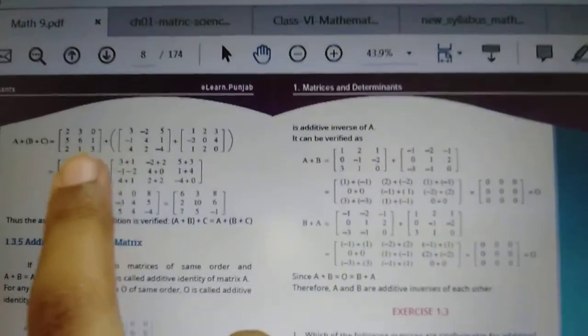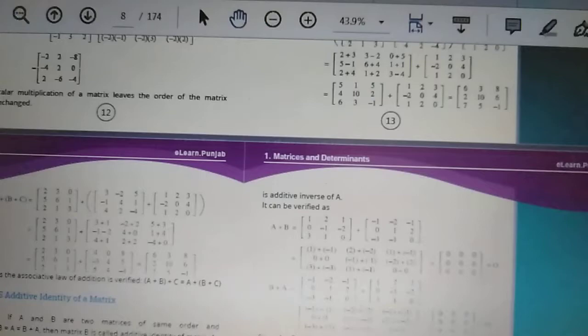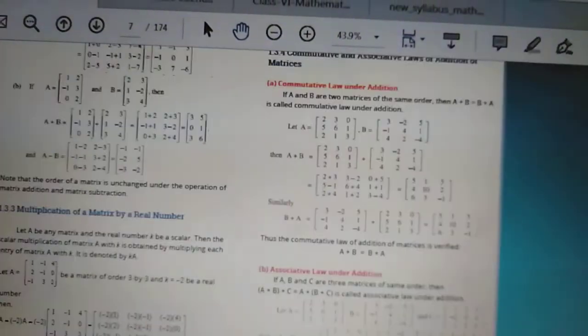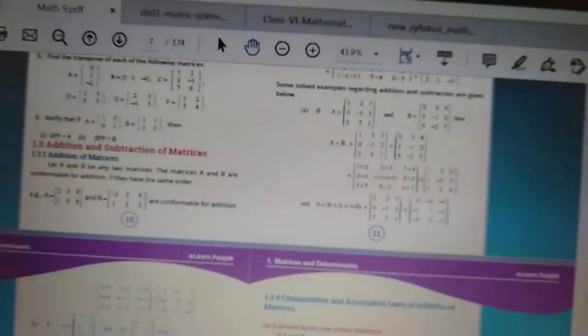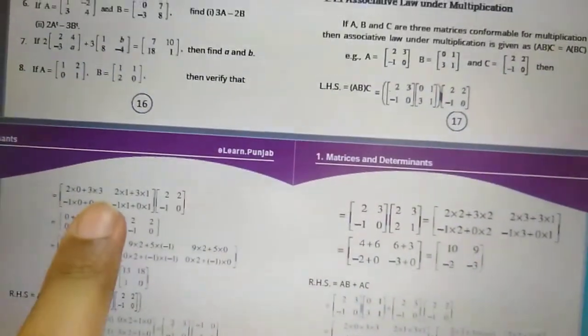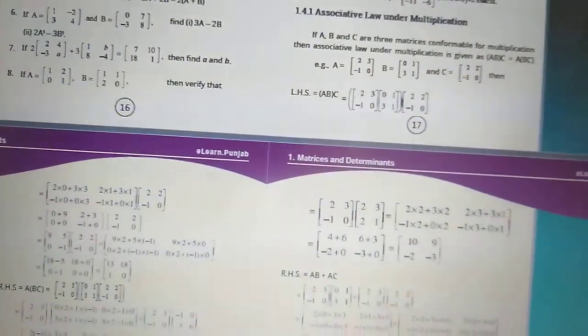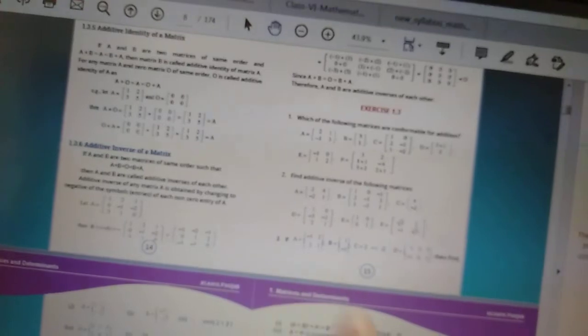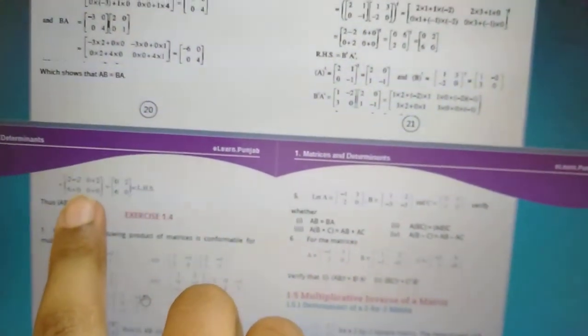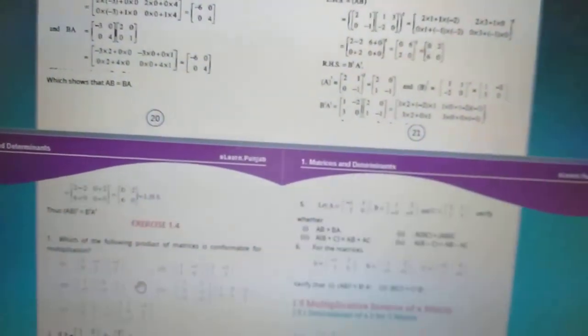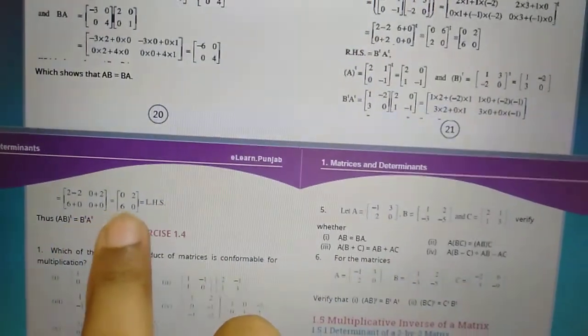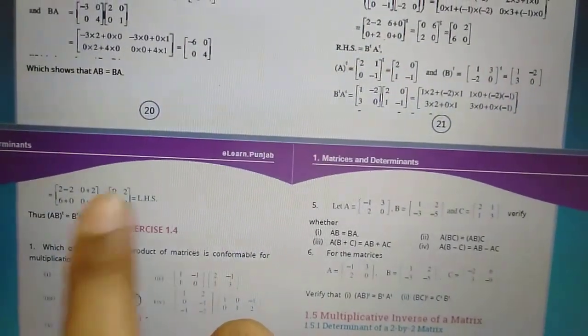So after multiplying B transpose with A, we have this term, and we don't need to take the transpose again.